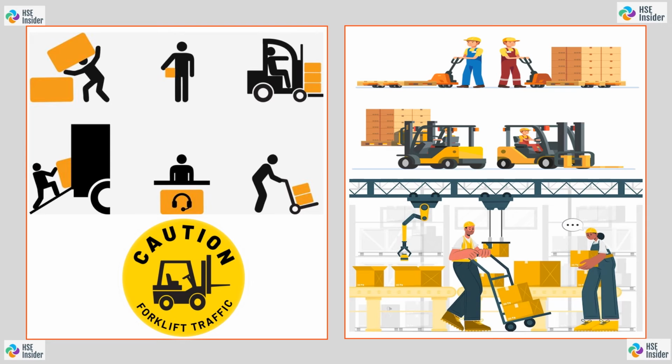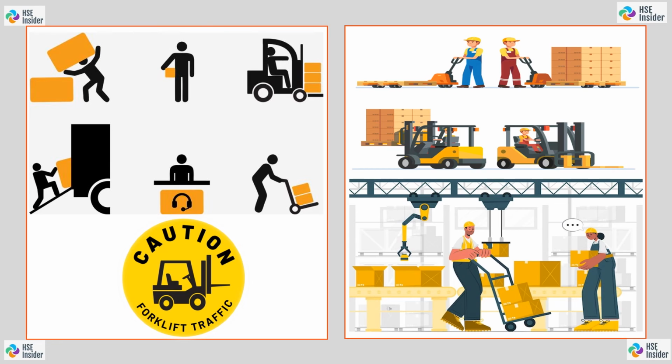Emergency procedures. Even with the best safety measures in place, incidents still happen. That's why it is important to have clear emergency procedures. First aid training: ensure the workers involved in material handling activities are trained in basic first aid. The second important point is emergency contact information.